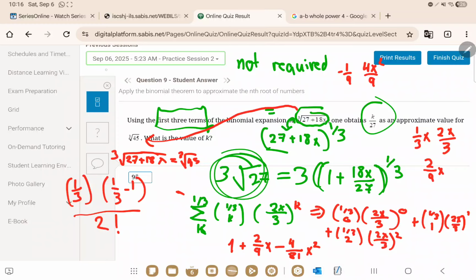So we could just take this aside and do 27 plus 18x equals 45, and we get x equal to 1. So now we substitute 1 into this equation because it's an approximation. It's approximately 1. Now, oh wait, I forgot a very crucial step, by the way.